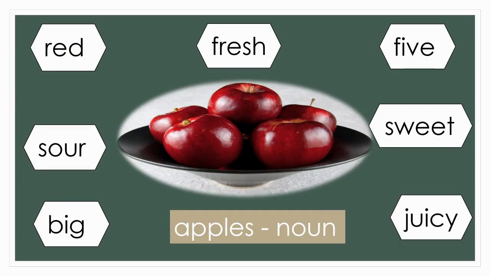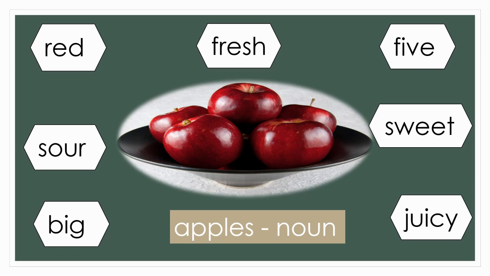Next is the picture of apples. So the noun is apples, and around it you can see words which describe these apples, means which tell us more about these apples. The words are red, fresh, five, sour, sweet, big, and juicy. For example, these are red apples.